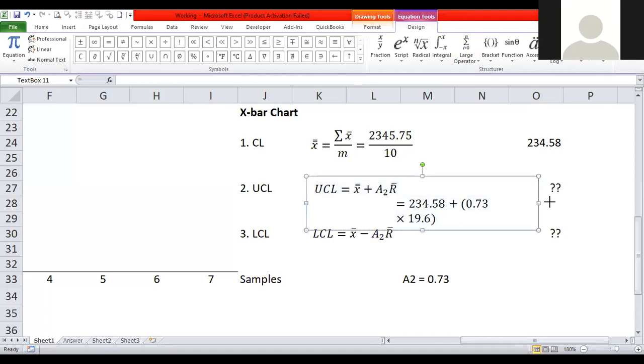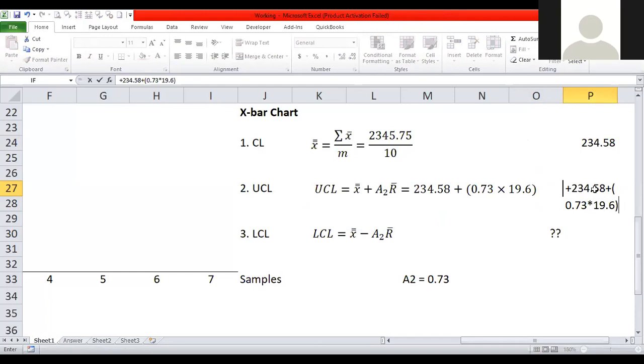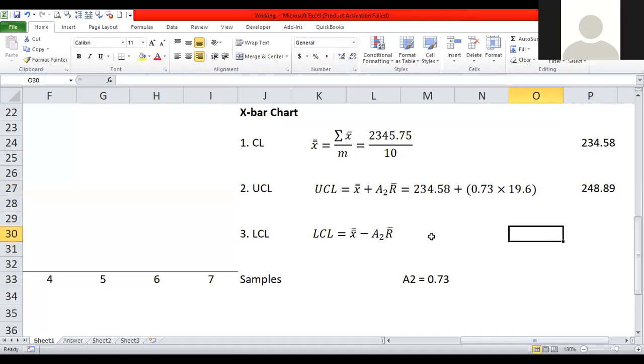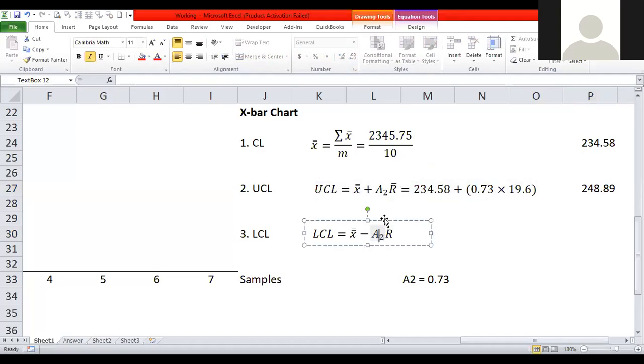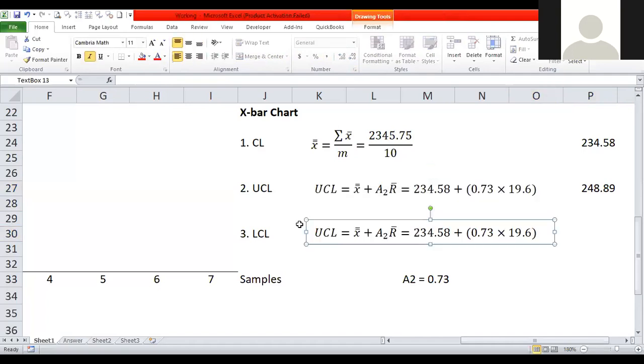Therefore, 234.58 plus 0.73 into 19.6 gives 248.89. That is the upper control limit. Then the lower control limit is the same formula, but you have to deduct it.